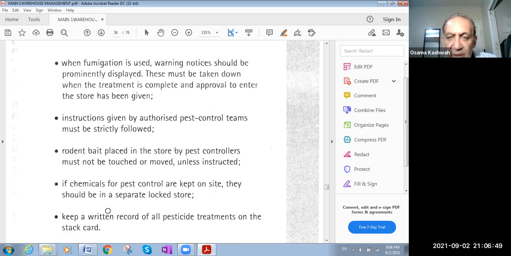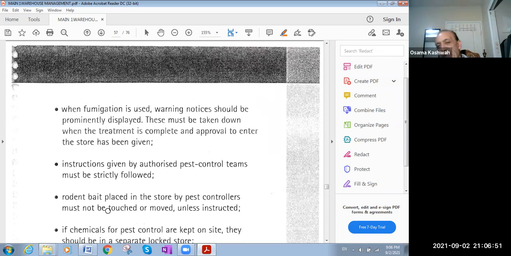So not anyone can be there, because those are poisonous liquids and poison powder, and inhaling or touching them might be risky for health. So only experienced persons should deal with this problem.